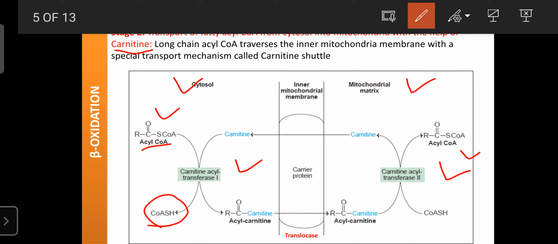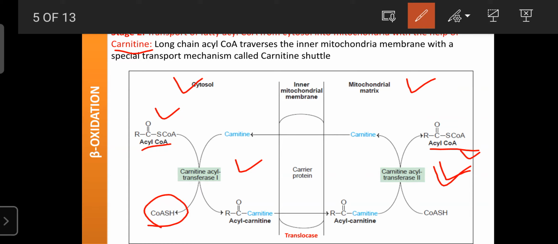There, in the presence of coenzyme A and carnitine acyl transferase 2, the carnitine is separated from the acyl, and the acyl CoA is formed.